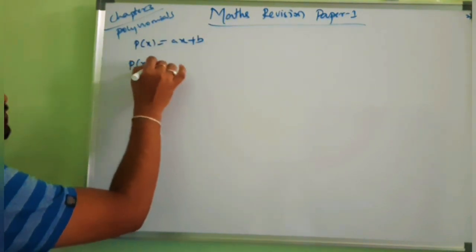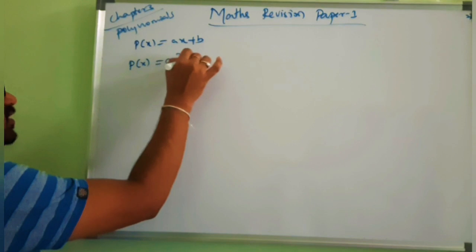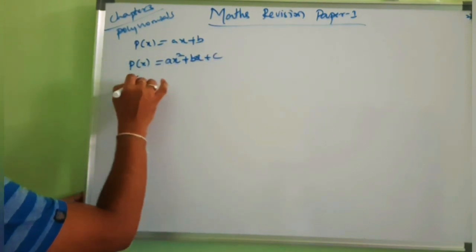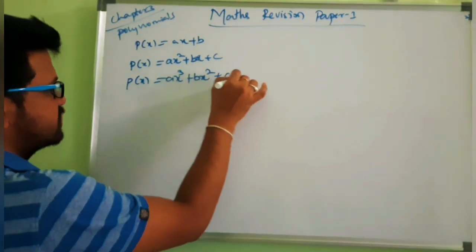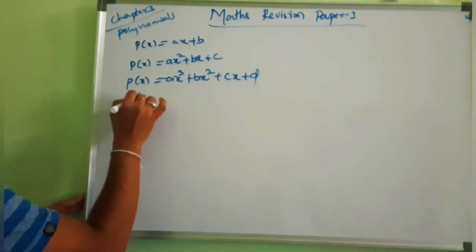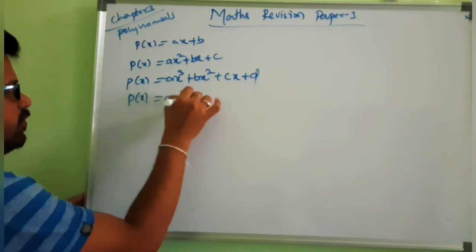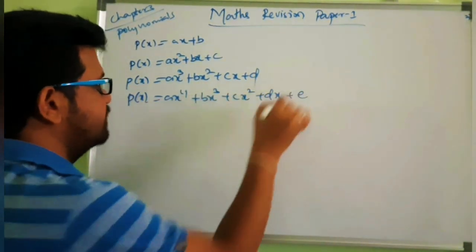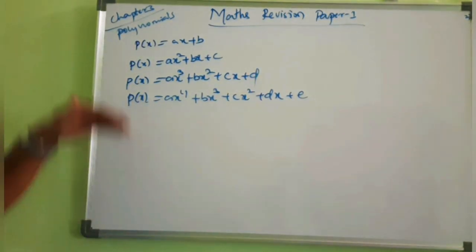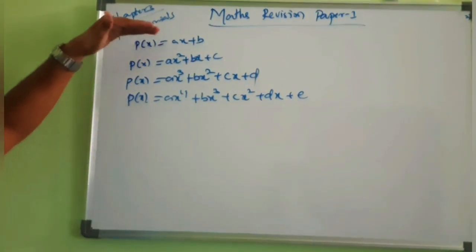Quadratic polynomial: ax^2 + bx + c. Cubic polynomial: ax^3 + bx^2 + cx + d. And biquadratic: ax^4 + bx^3 + cx^2 + dx + e. These are the different types of polynomials on the basis of degree.